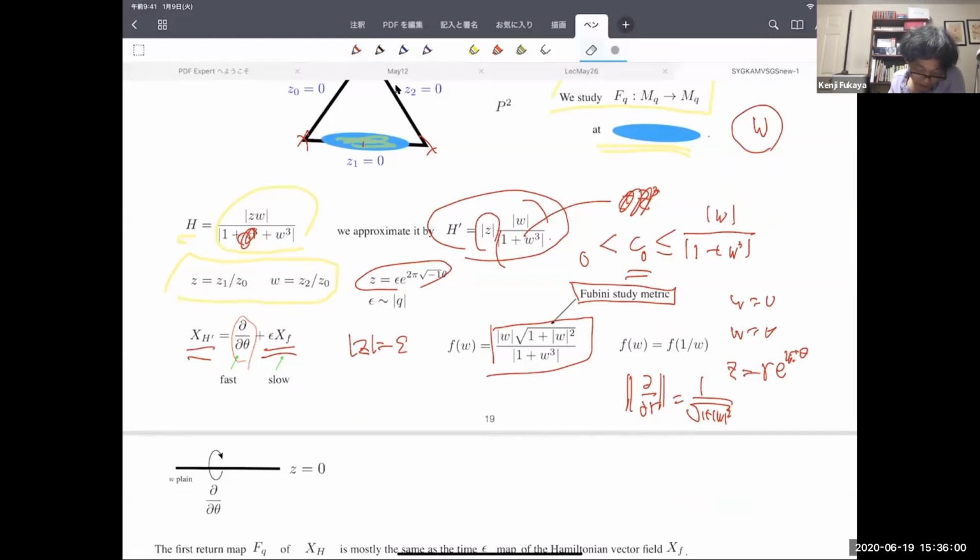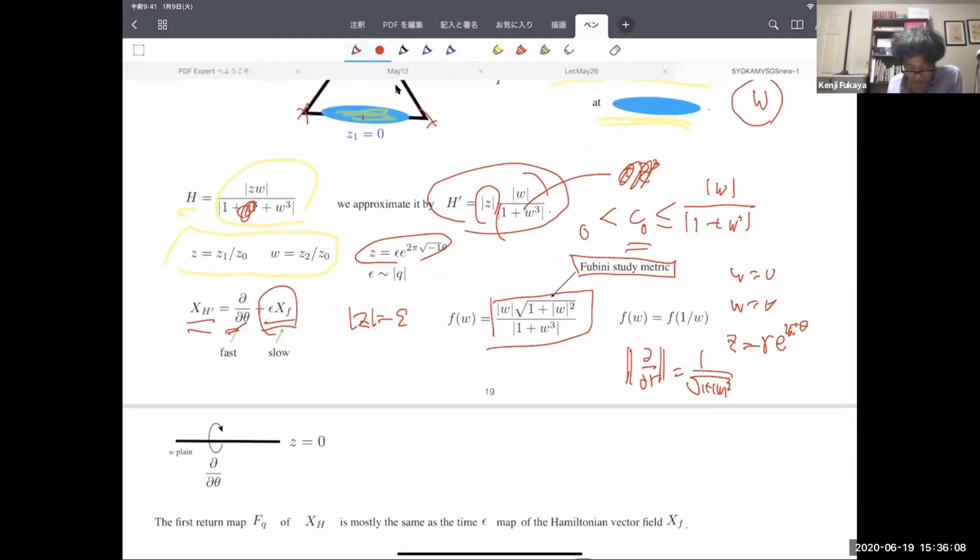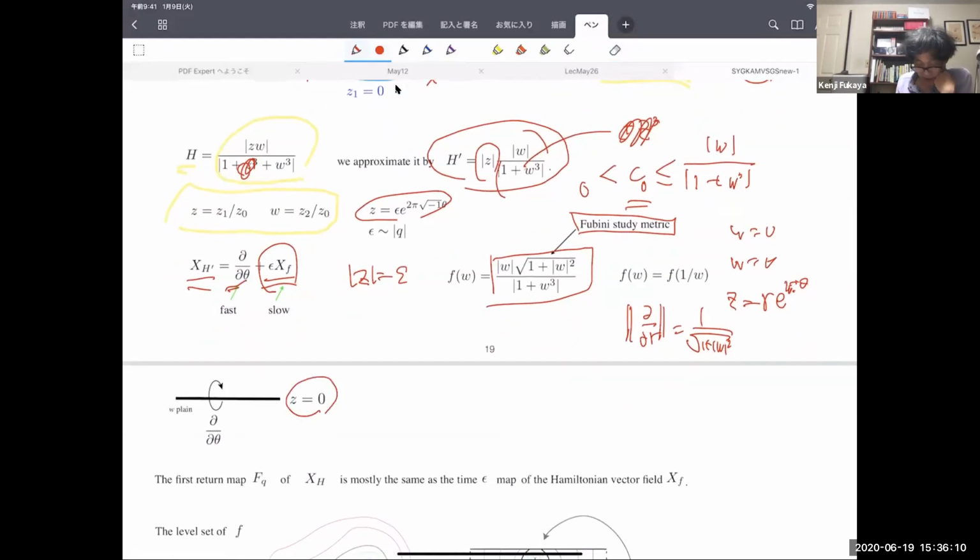That is the sum of this d/d theta and epsilon X. So we have this z plane, and in the normal direction you have this very fast d/d theta. So it means that if you want to see this first return map of this Hamiltonian vector field, it is basically the time epsilon map of this vector field, right?